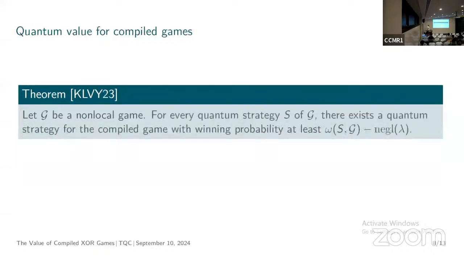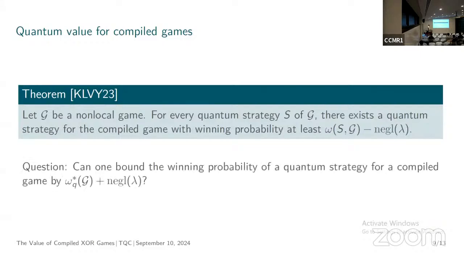There everything's nice. And similarly for the quantum value, we had this eval, and what this eval does is exactly what this theorem tells you. For each quantum strategy for a non-local game, I can also find a quantum strategy for the compiled game with a similar winning probability, the same as the non-local strategy up to some negligible function.